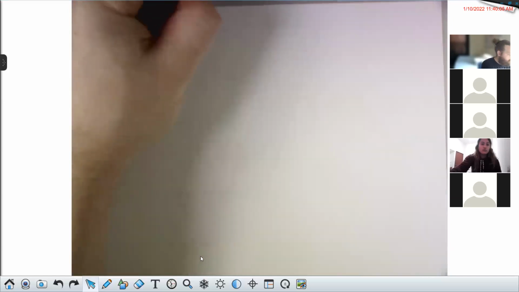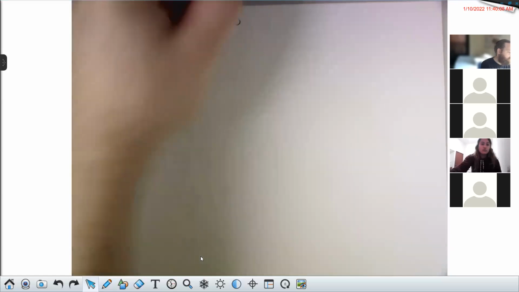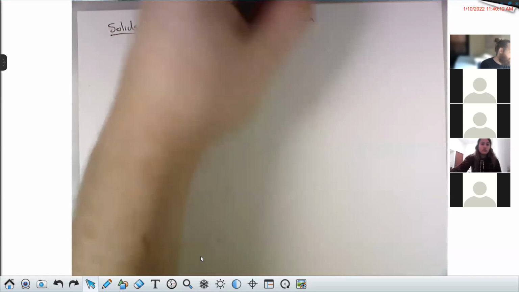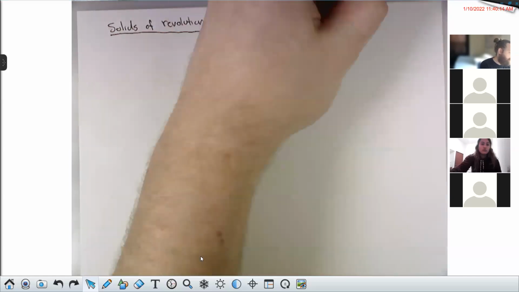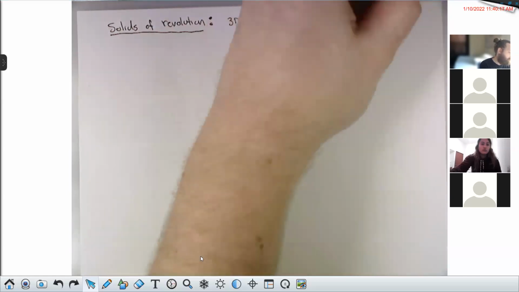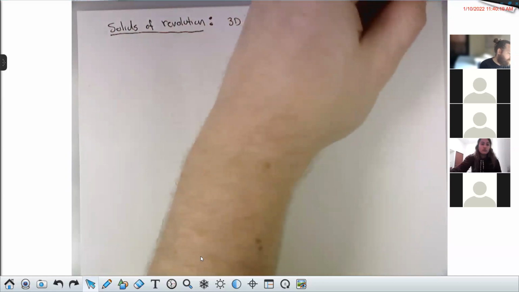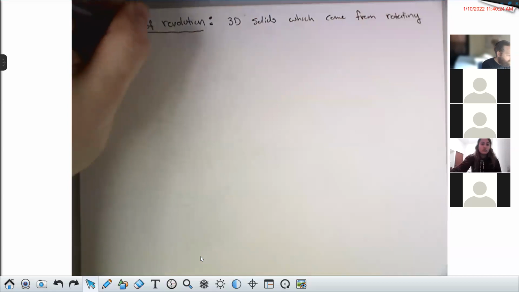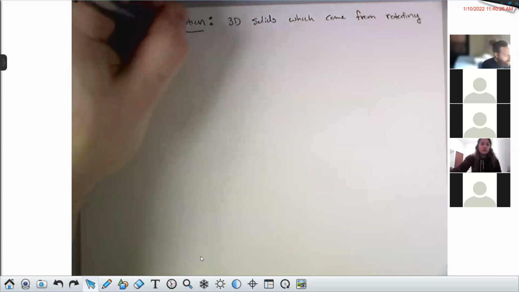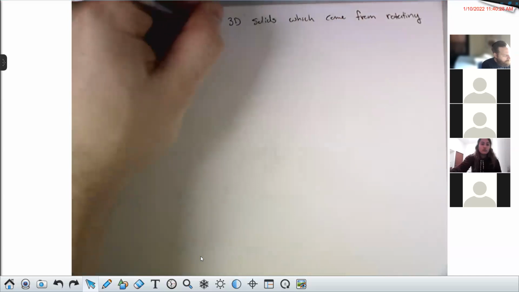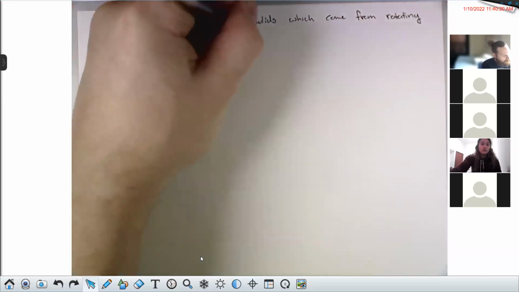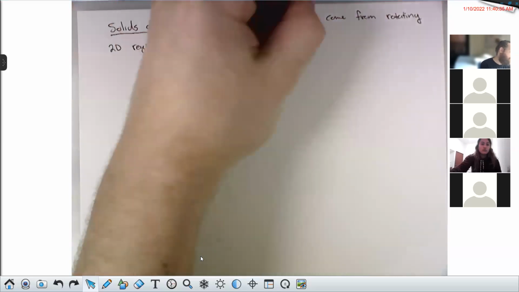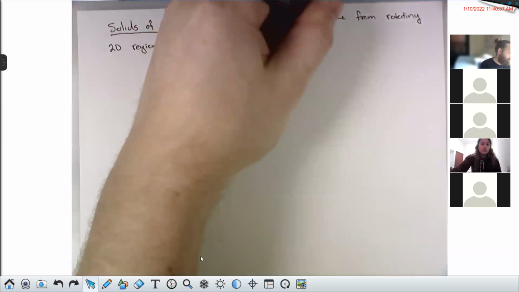So these are 3D solids which come from rotating 2D regions about some line, generally called the axis of rotation.